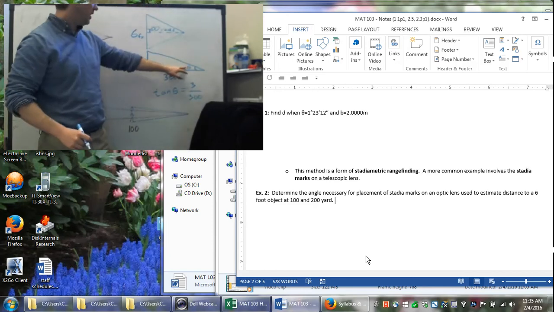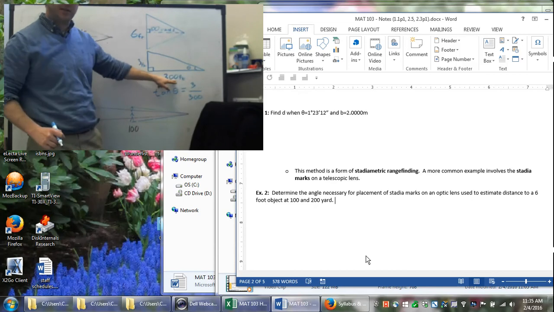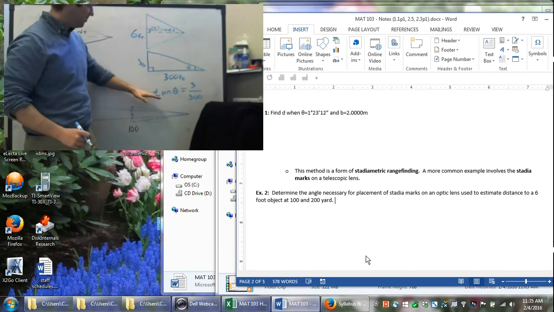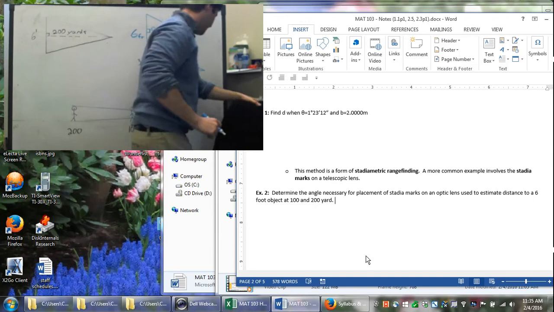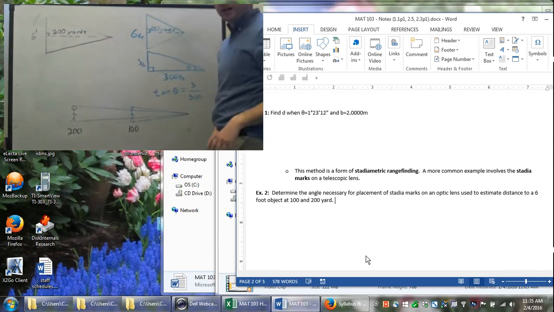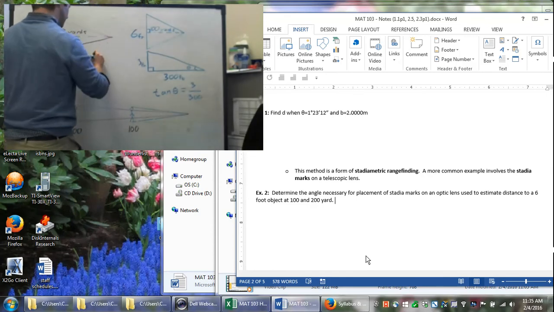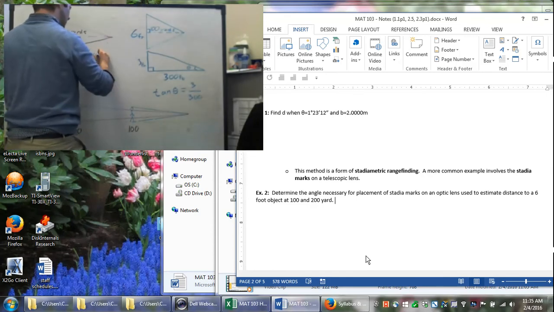The military doesn't use 6 foot for their measurements here. I think it's more like 5'6" or 5'7", I don't know. So I've taken my purple triangle and my blue triangle, and I've drawn them just a little bit squished together just so I would have more room.